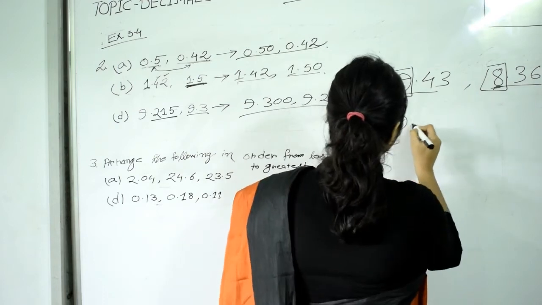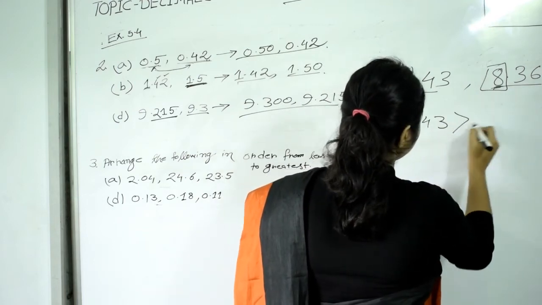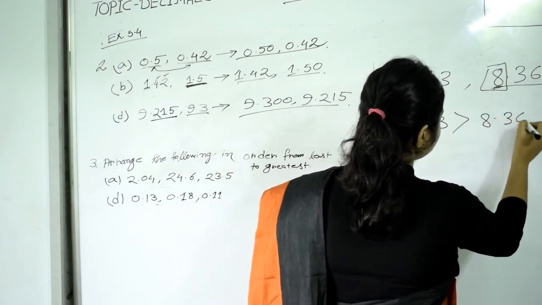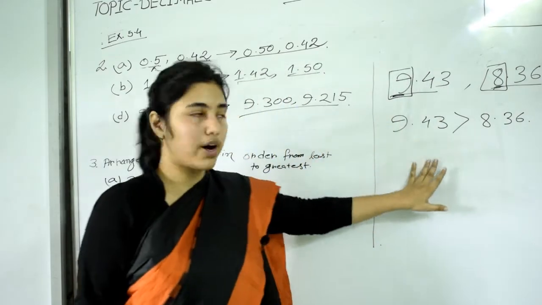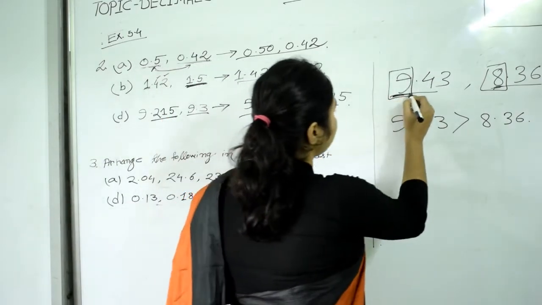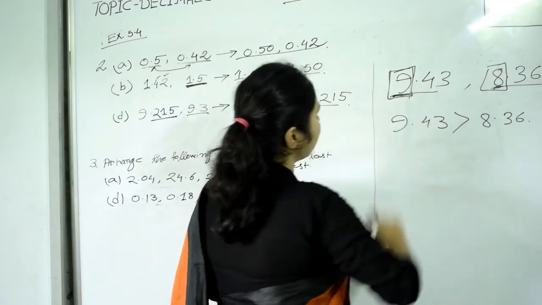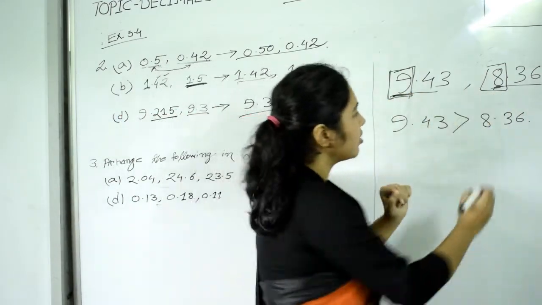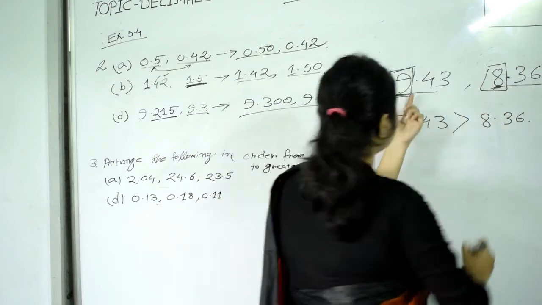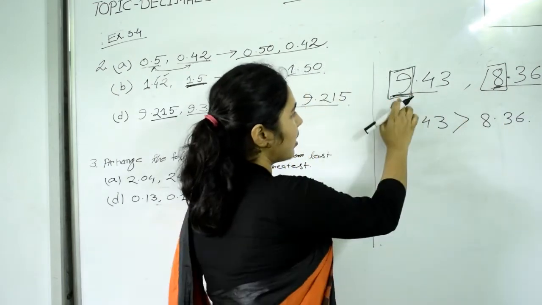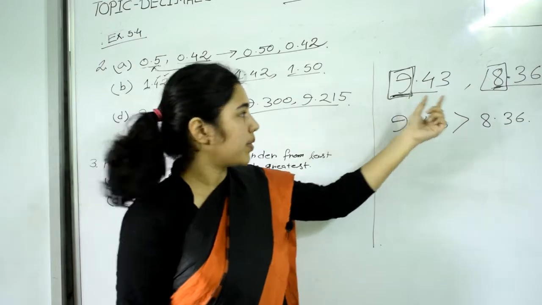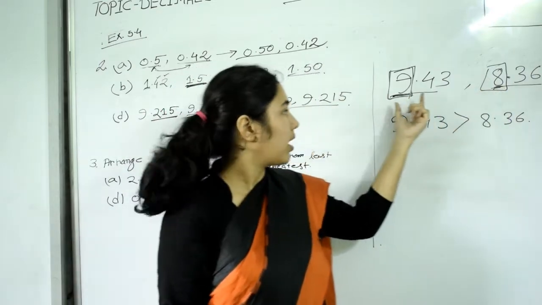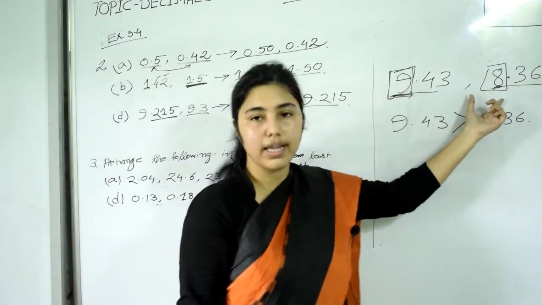So clearly 9.43 is greater than 8.36. Is it clear? First consider the whole number part. Here we have 9, but here we have 8, right? And 9 is more than 8.